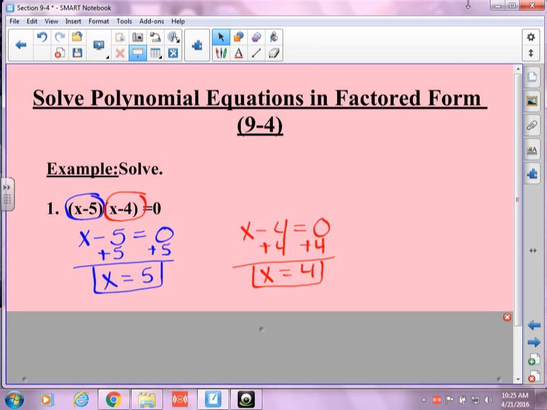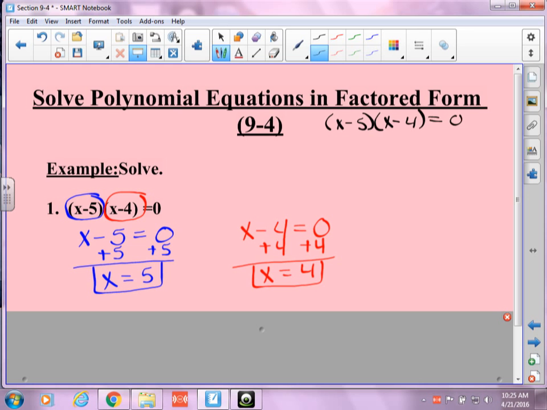Now, this you don't have to do, but I want to show you why this works. If I have x minus 5 times x minus 4 equals 0, let's say x equals 5. If I plug 5 in and do my order of operations, 0 times 1 is 0, and it works, doesn't it? So if x is 5, that works.